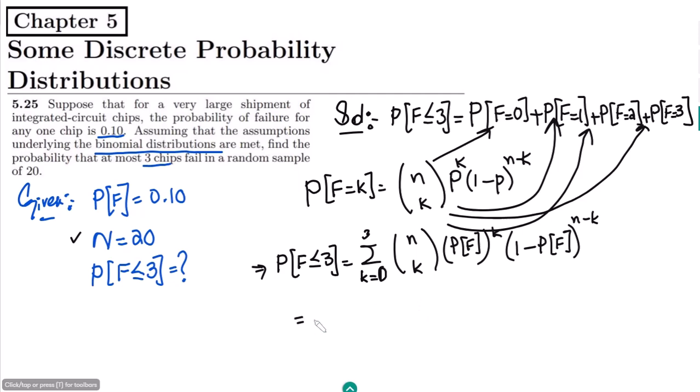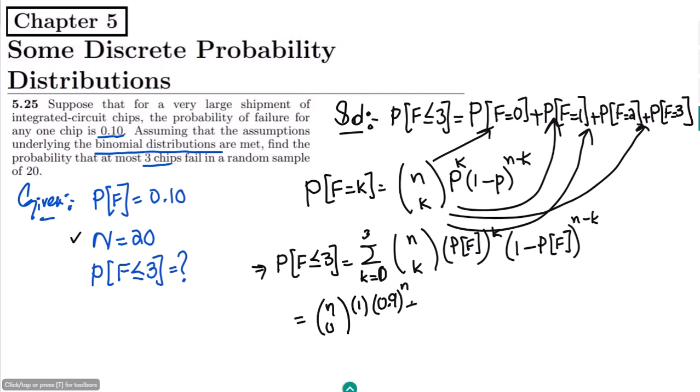Applying it, what would I get? I will have n choose 0, and here it would become 1, and 1 minus 0.10 is 0.9 raised to the power n minus 0. So n minus 0 would be n.